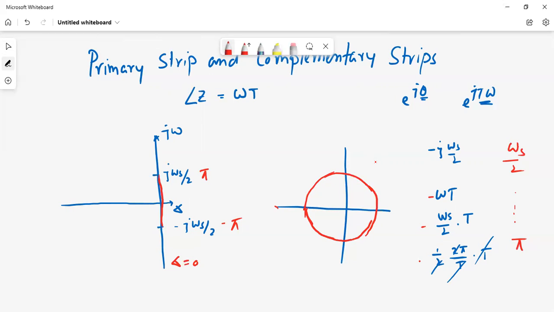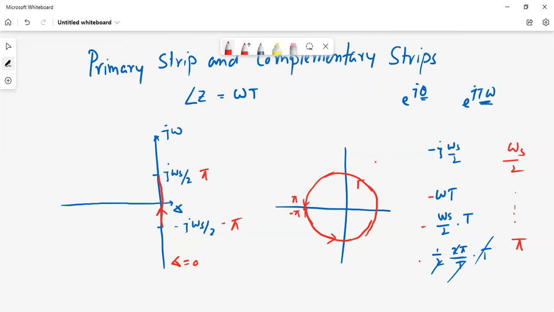Is it okay? So from minus pi with a radius of 1, it is eventually going to plus pi. So this is the counterclockwise direction.